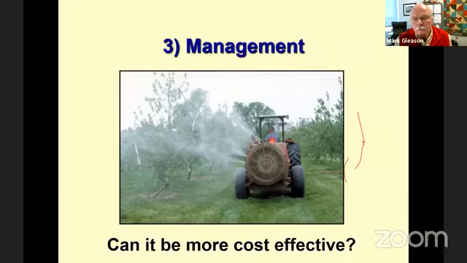So one question that we asked is, can we make that control more cost effective? Can we be more efficient in that control? What you're seeing here is an air blast sprayer, very typical of what's used in apple orchards.